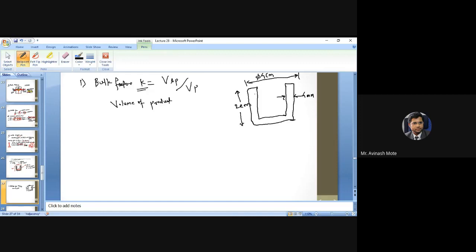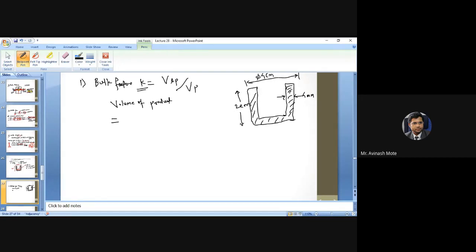Getting it? This is the simple and easy product. Now we want to calculate the volume of product. It is very simple and easy to calculate.